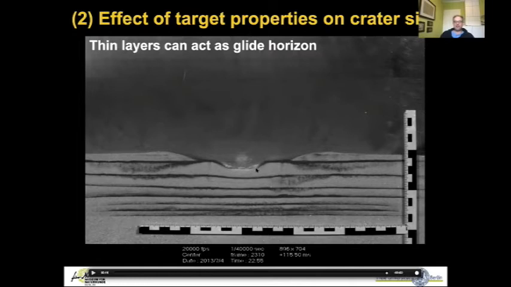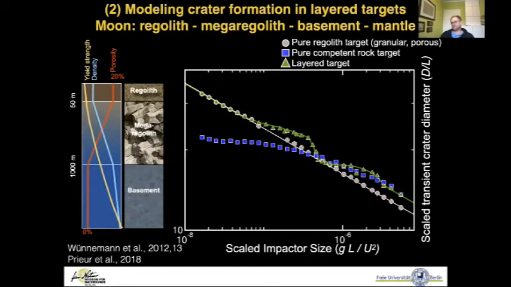Then you would have mostly a density contrast due to the different degrees of porosity, but due to the different degrees of fracturing, you have also a contrast in strengths, which affects also the morphology and the formation of craters in here. So we studied this also by numerical models.